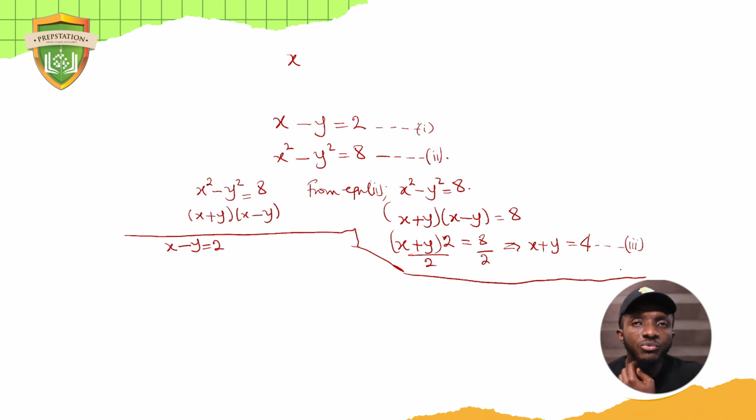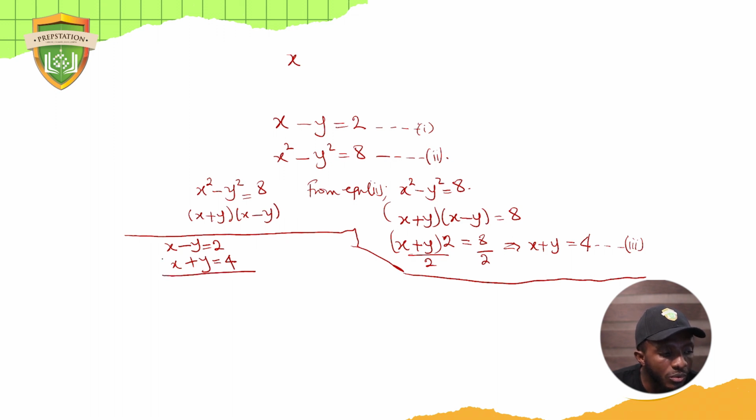So x minus y equals 2. And equation 3, x plus y equals 4. I hope that's clear. All right, so we can solve this simultaneously.